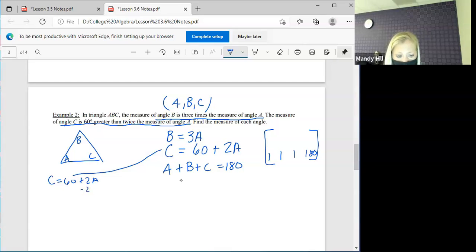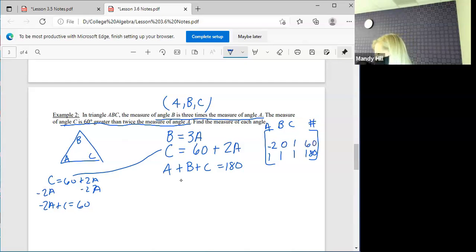I could subtract 2A from both sides and get negative 2A plus C is equal to 60. So on the graphing calculator, this is my A's, these are my B's, this is my C, this is my other number. So A is negative 2. I don't have any B's, so that would be 0. I do have 1 C and it's equal to 60.